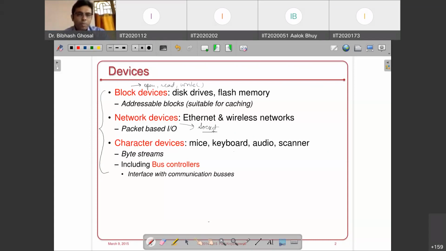And when we talk about character level devices, we come across different interfaces like get, put. We are already aware of these functions, which are used for handling character level transfers.